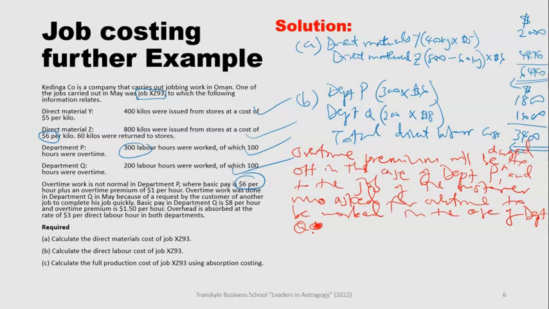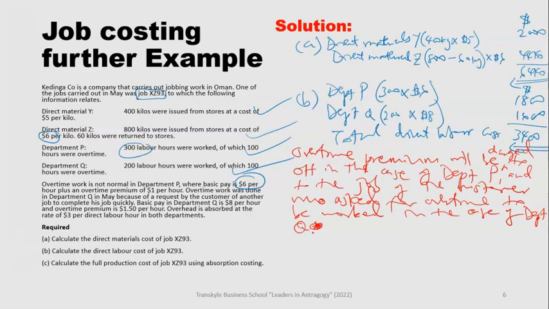Why is it so? Because we are told that overtime work is not normal in department P, where basic pay is $6 per hour, plus overtime premium $10. Overtime work was done in department Q in May because of the request of the customer.